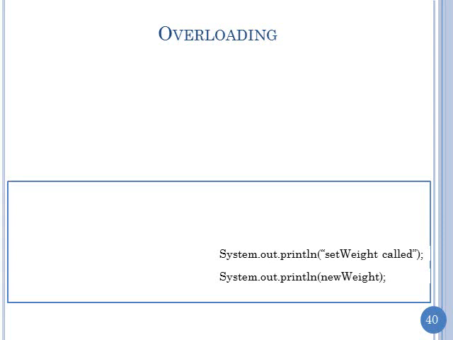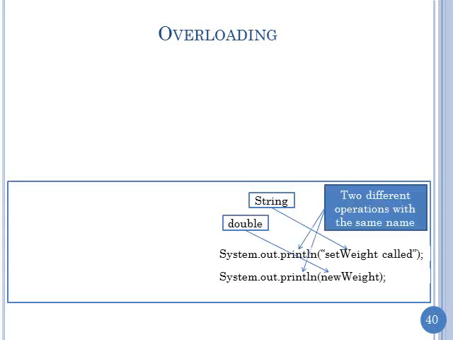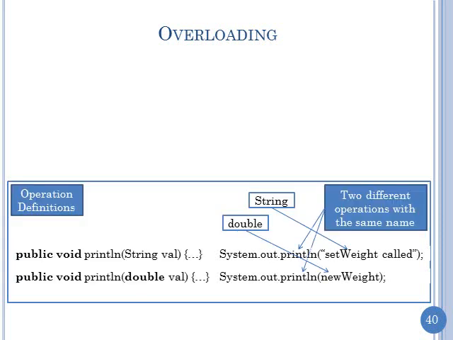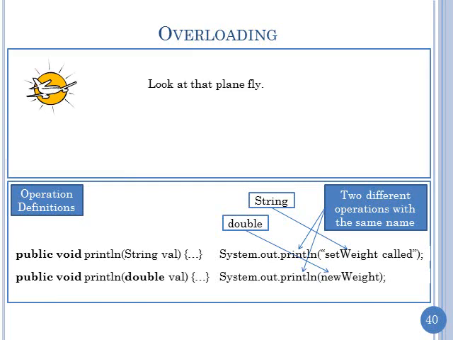So there are actually two different methods with the same name. The name is being overloaded. So this is string, this is double, two different operations with the same name. What's really going on is that there are two println methods that you don't know about with the same name. Do we see this concept in English? Same word with different meanings.